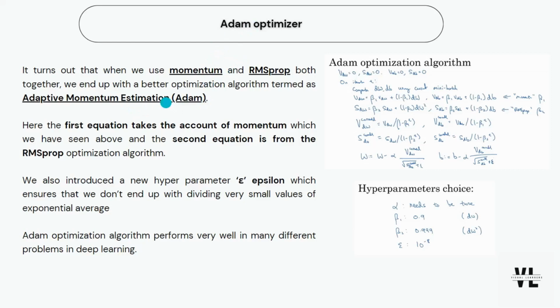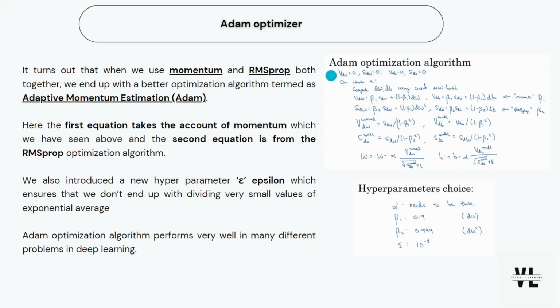So Adam is just an acronym for adaptive momentum estimation. Here, the first equation takes into account the momentum term from the gradient descent with momentum, which we have seen above, and the second equation is from RMSProp optimization algorithm. So this is basically the Adam optimization algorithm.